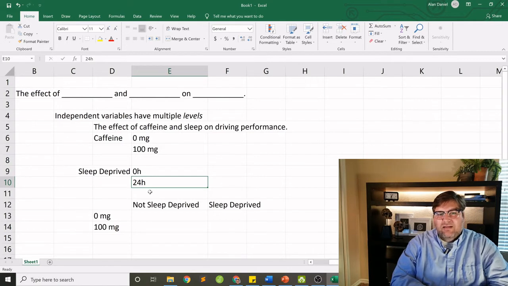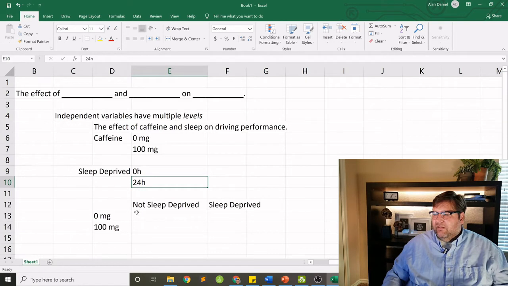We have to have some kind of combination of the two, because it seems that sleep deprivation has detrimental effects unless they are also under the influence of caffeine. So this kind of effect is what we would call an interaction. So in this 2 by 2 design, we have 2 main effects and a possible interaction.